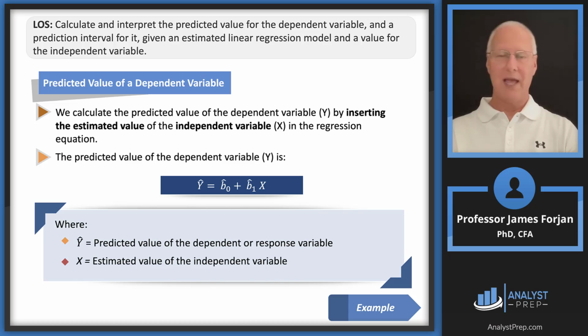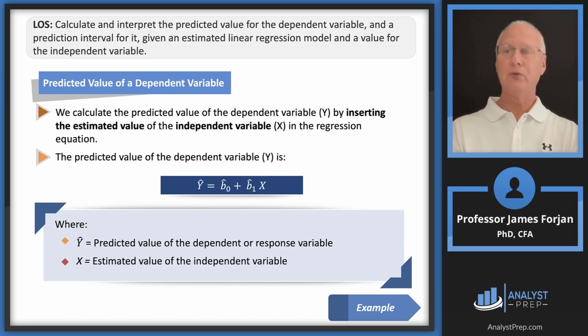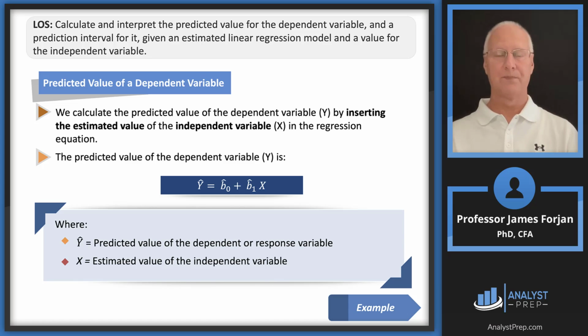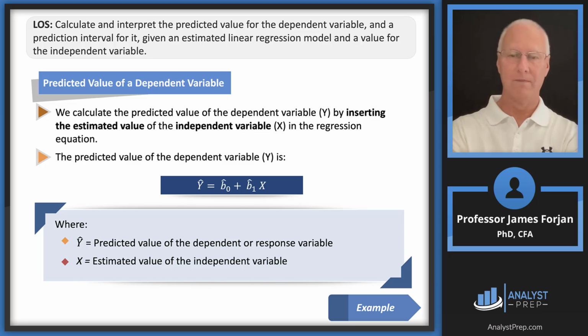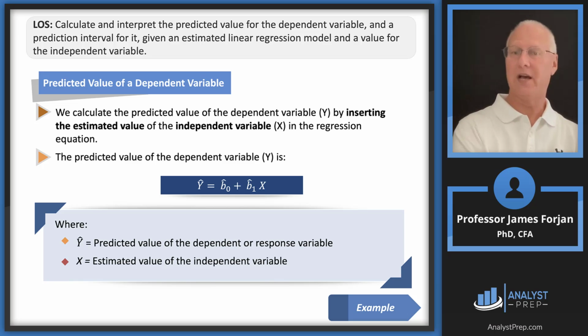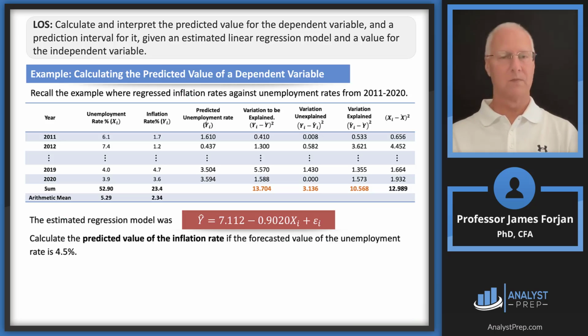Both the intercept and the slope coefficient are statistically significant, so we like this model. Well, let's go ahead and use it to predict the future. So this is called a predicted value. And so all we're going to do is say something like, hey, let's throw a value in for X. Use the results of the model to predict a value for Y.